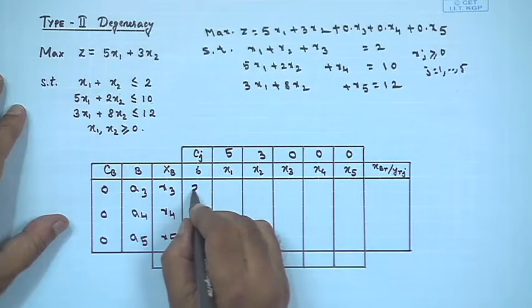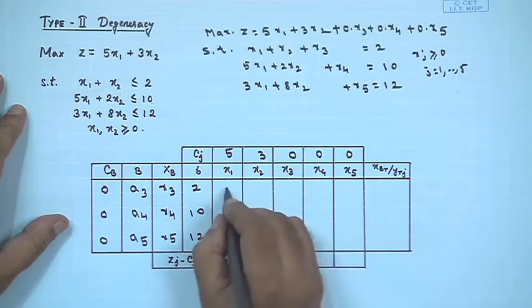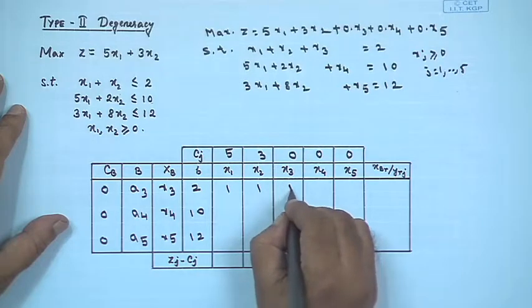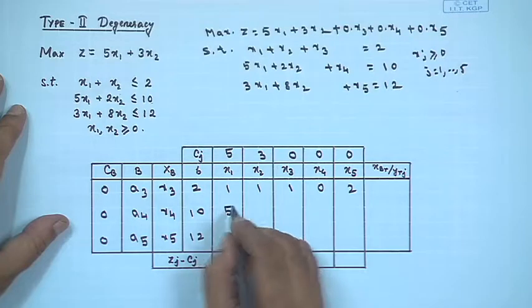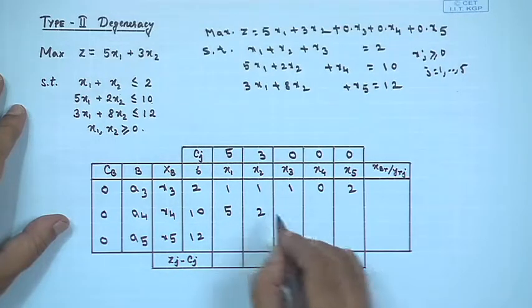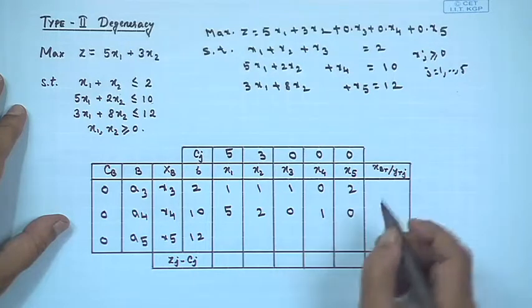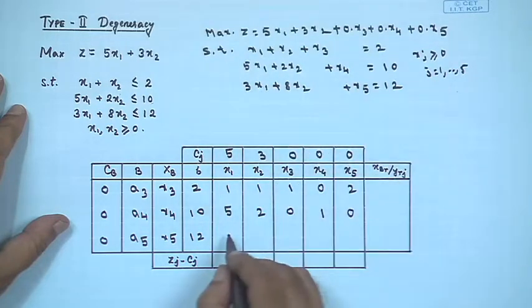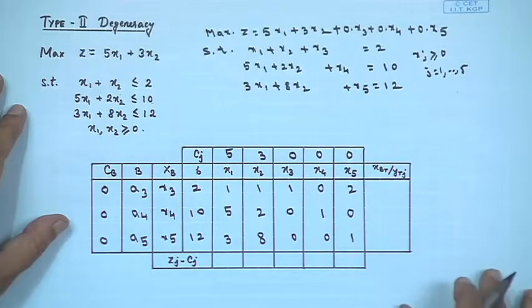The b values are 2, 10 and 12. These are 1, 1, 1, 0, 0. This is 5, 2, 0, 1, 0. Next one is 3, 8, 0, 0 and 1.